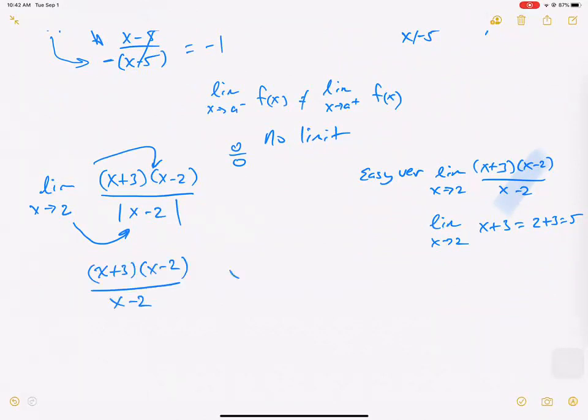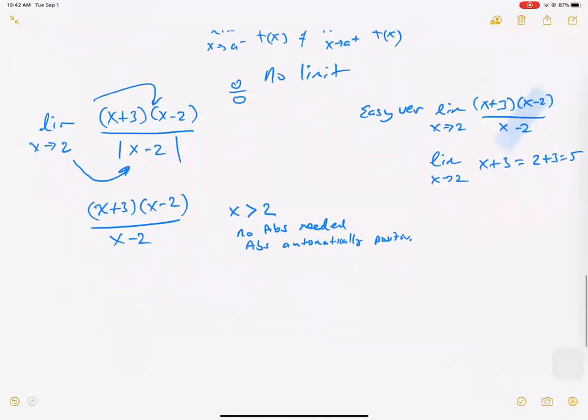So when x is greater than 2, the absolute value is not needed, right? So that means the absolute value is automatically positive. Plug in the limit as x approaches 2.